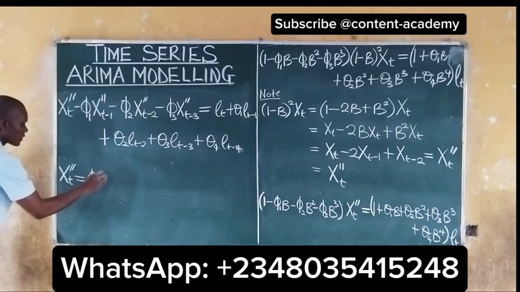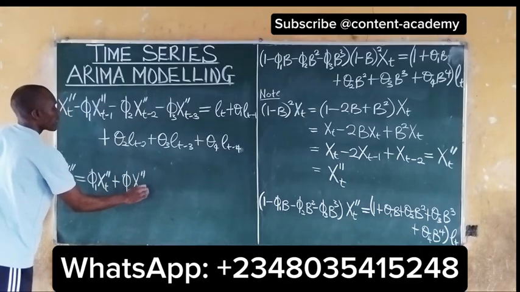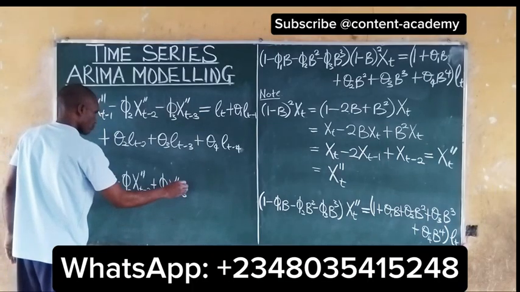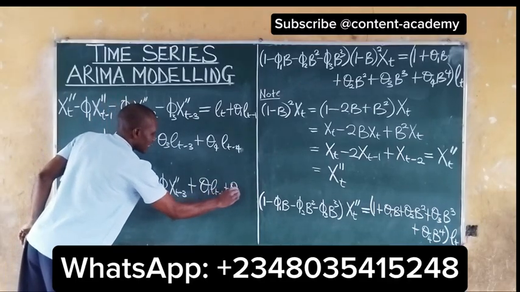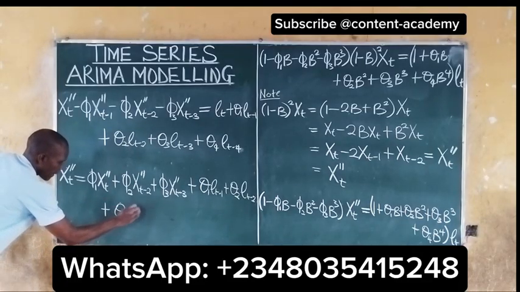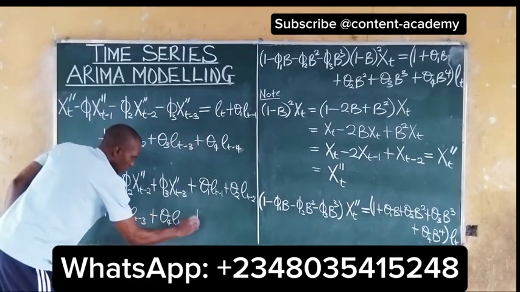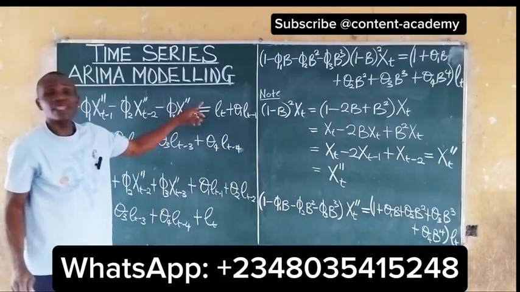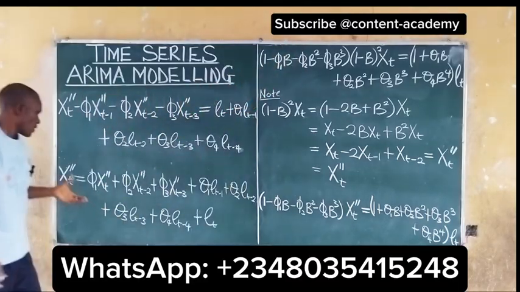So it will be φ1 Xt-1'' + φ2 Xt-2'' + φ3 Xt-3'' + θ1 Et-1 + θ2 Et-2 + θ3 Et-3 + θ4 Et-4 + Et, our error or the white noise. So this becomes the model for the given ARIMA(3,2,4). Or we can still write it as this, but expanding it, we write it as this.